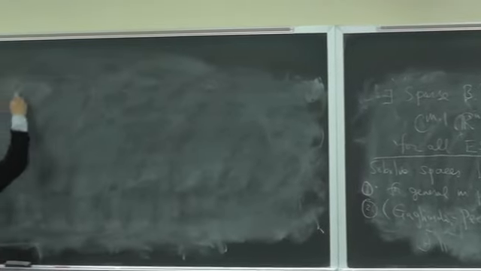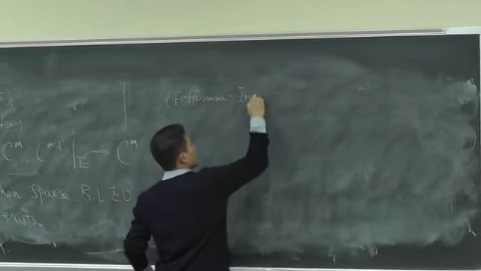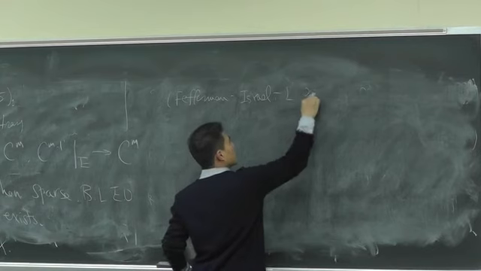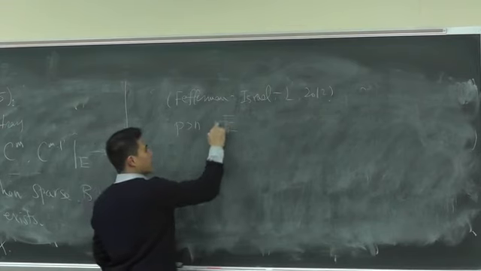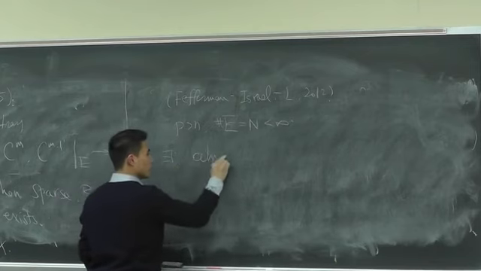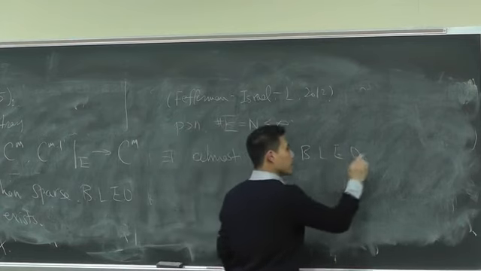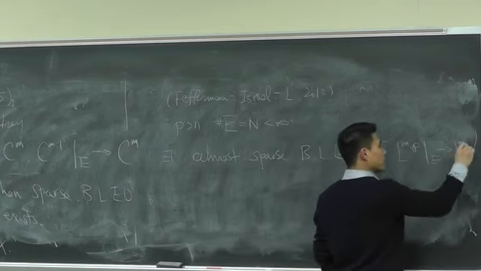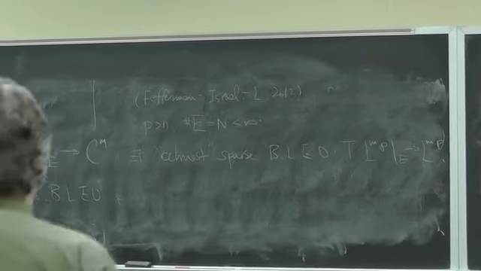Okay, so this is still in Brenner. For p bigger than n, and let's say E is finite, there exist almost sparse bounded linear extension operators T from L^{m,p} back to L^{m,p}. What do we mean by almost sparse?